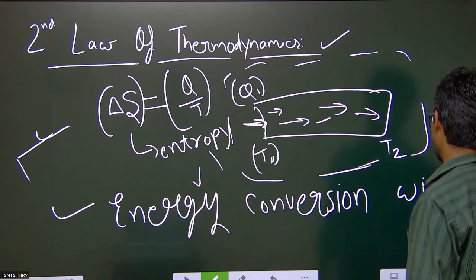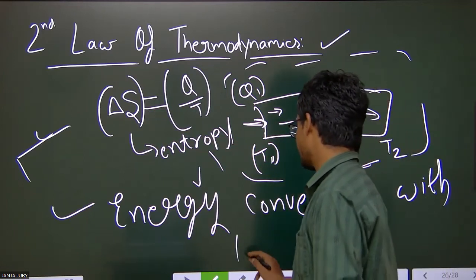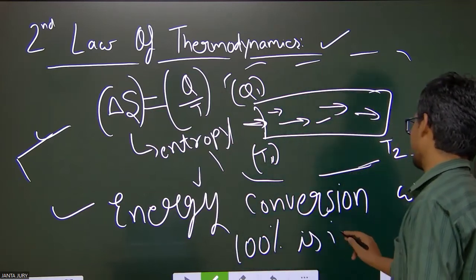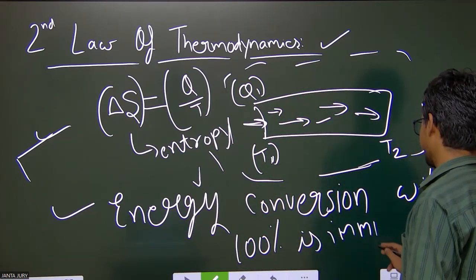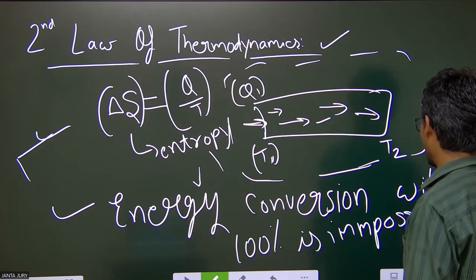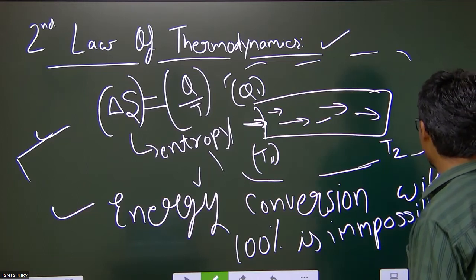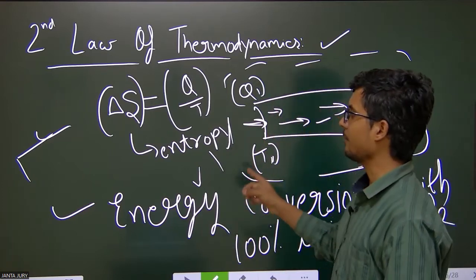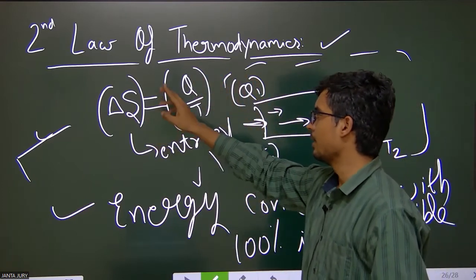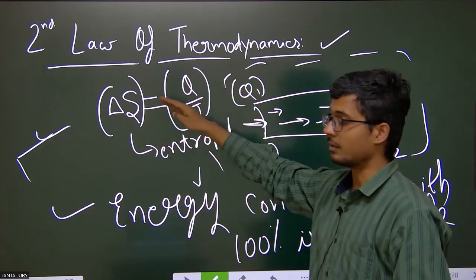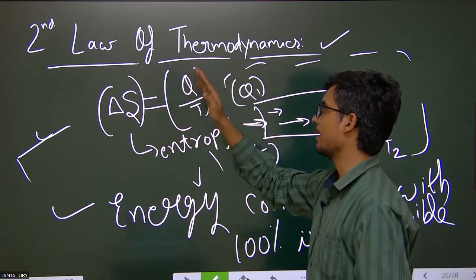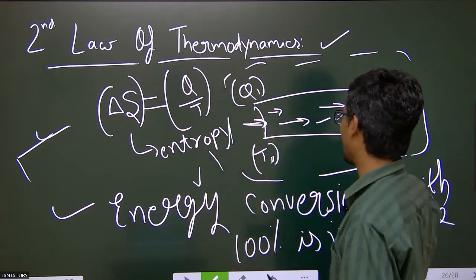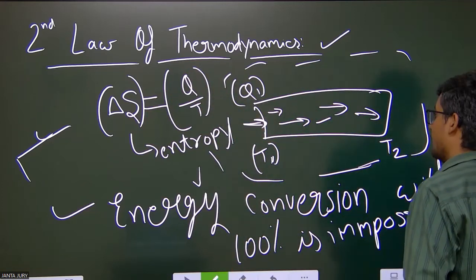This is what the second law talks about. So what we have to keep in mind about the second law of thermodynamics is that it gives rise to the concept of entropy, which states that energy at higher temperature has higher significance. It gives the direction of the flow of heat energy.